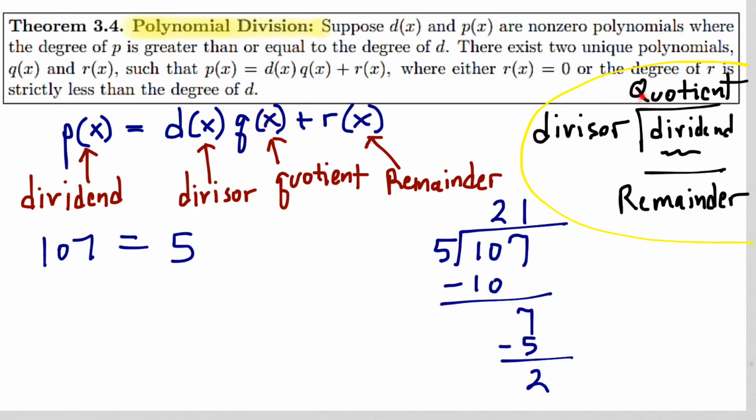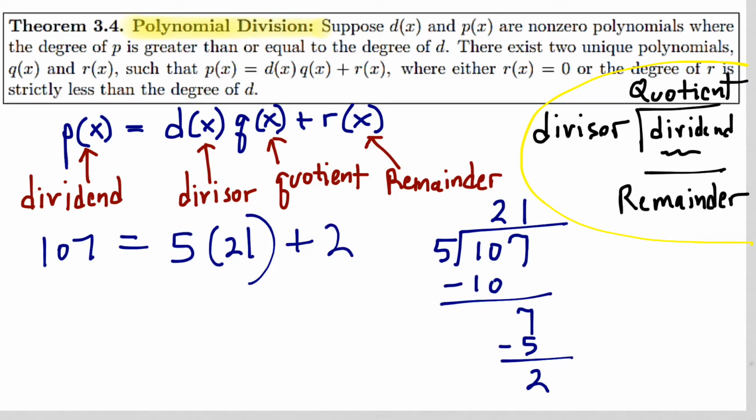The quotient is your answer that goes on top. So 21 is my quotient. And then add to that the remainder r of x. Well, this is your remainder here at the bottom. Your remainder is 2. So add 2.